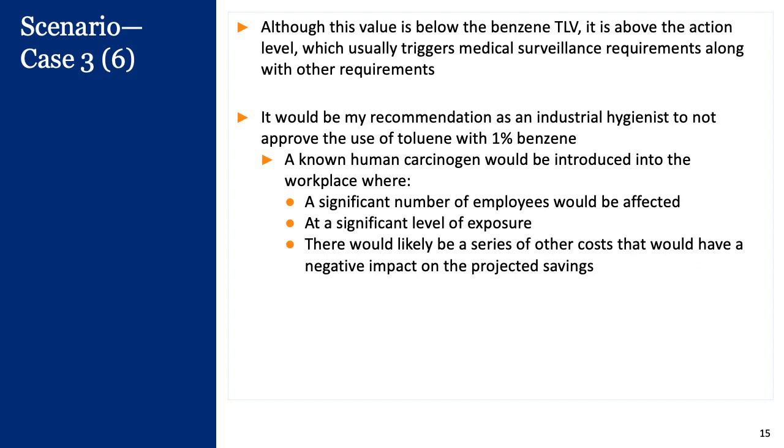Even though in this case everybody else at the plant had signed off on this proposed change, the industrial hygienist brings his or her expertise and says, nope, this is not a good change because it will affect worker health adversely.